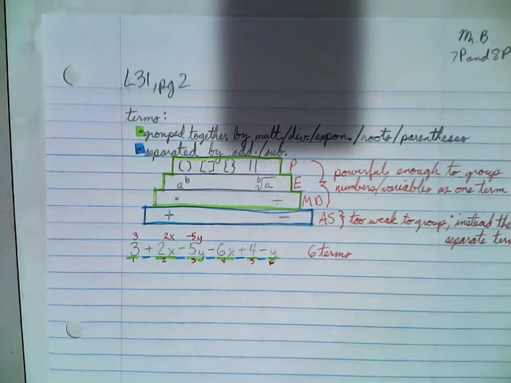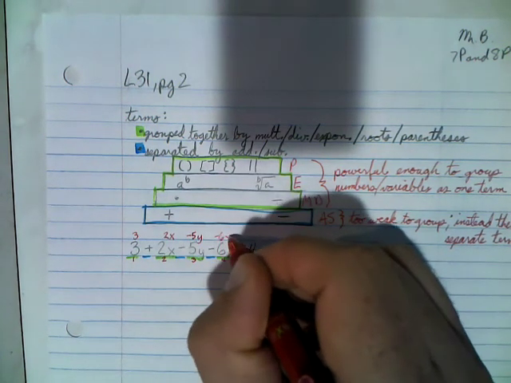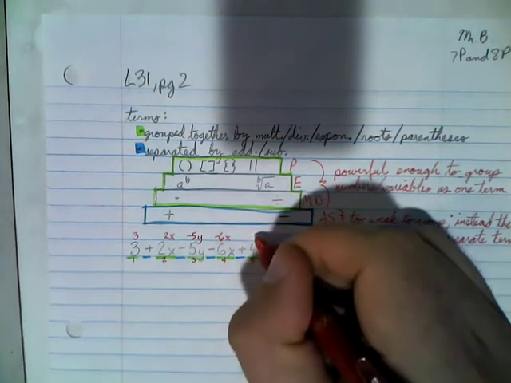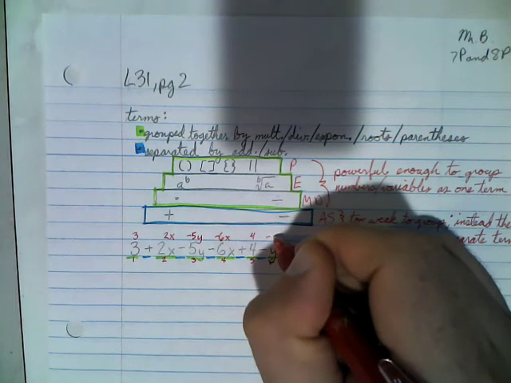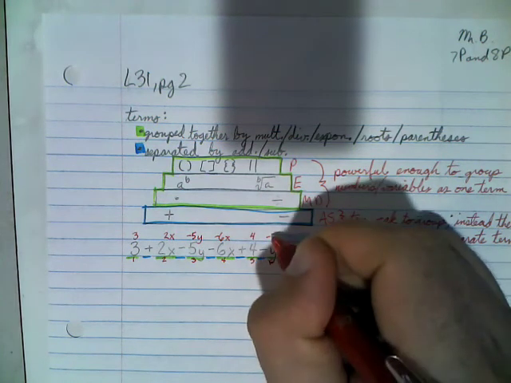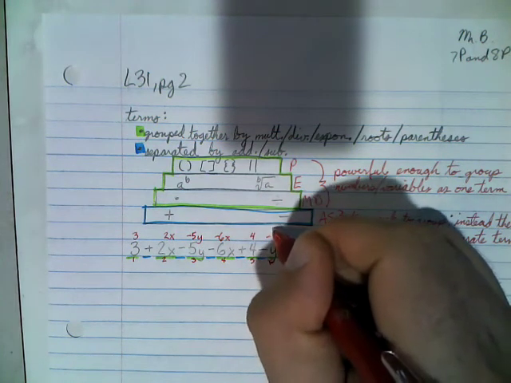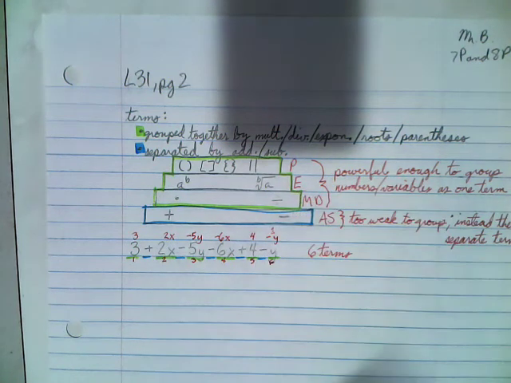So therefore, my fourth term, hopefully you've caught this, is negative 6x. My fifth term is 4, and my last term then is a negative y, which means really negative 1y. It's a hidden 1 there. So negative y or negative 1y.